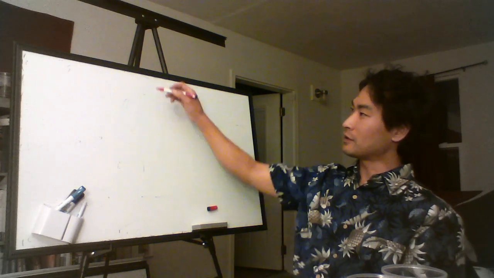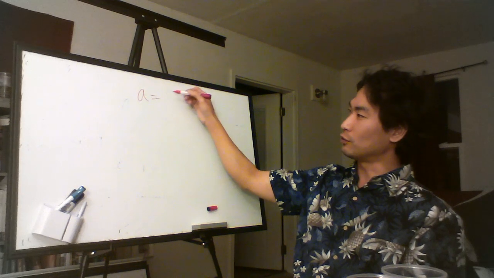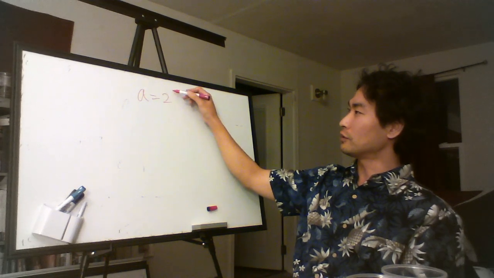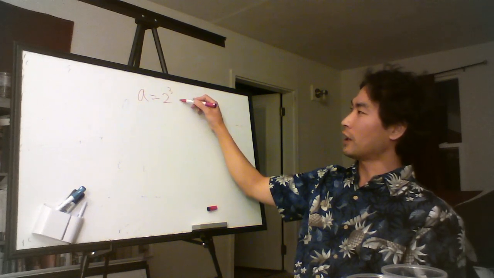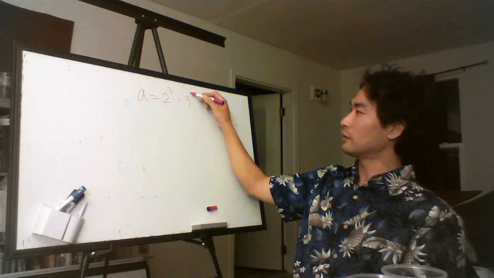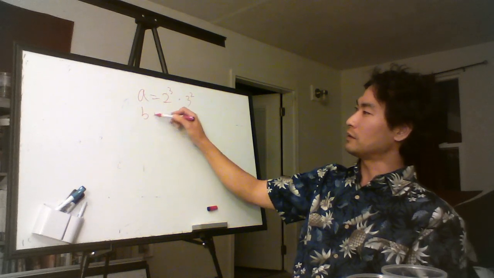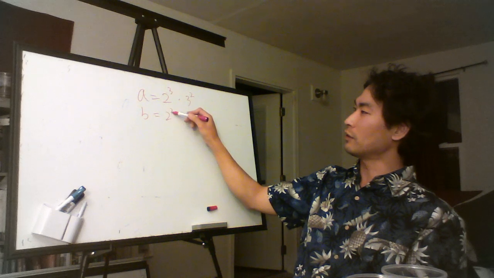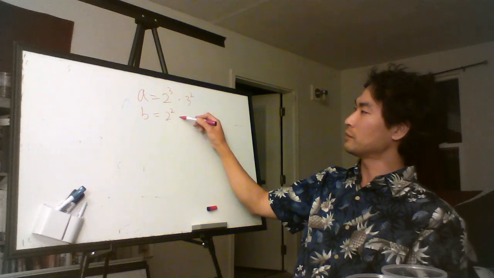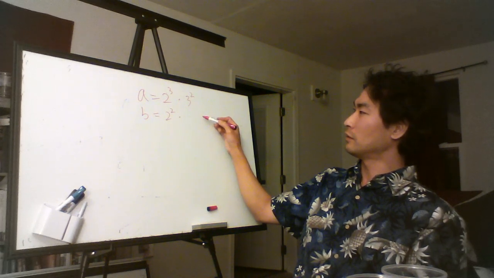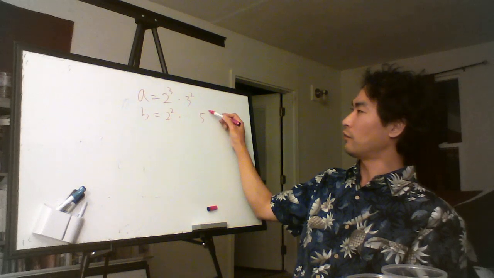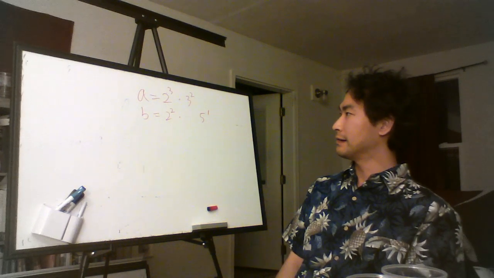Let's make a concrete example. Okay, so a is equal to 2 to the 3rd times 3 to the 2nd, and b is equal to 2 to the 2nd times 5 to the 1st.